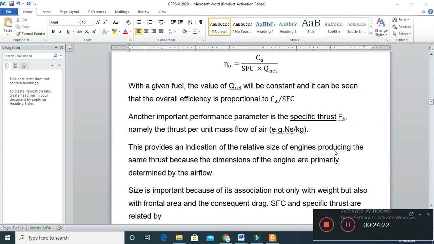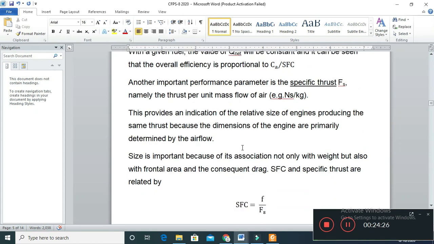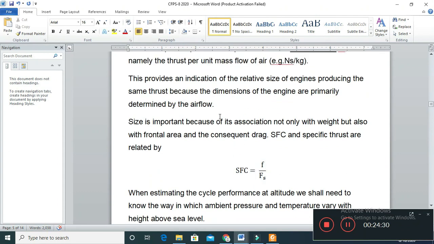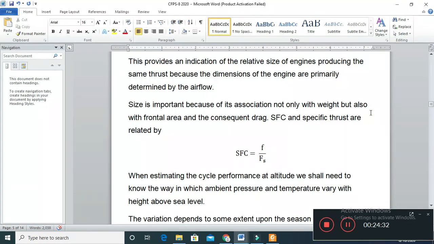So if the specific thrust of a particular engine is more, then it will be more desirable. The mass flow rate of air is related to size, and size is related to the weight of the airplane and also the drag, because if the size is more, the magnitude of the drag is also higher.